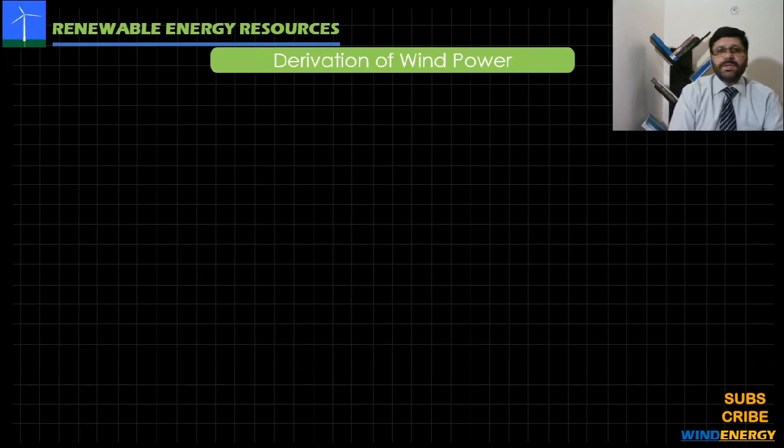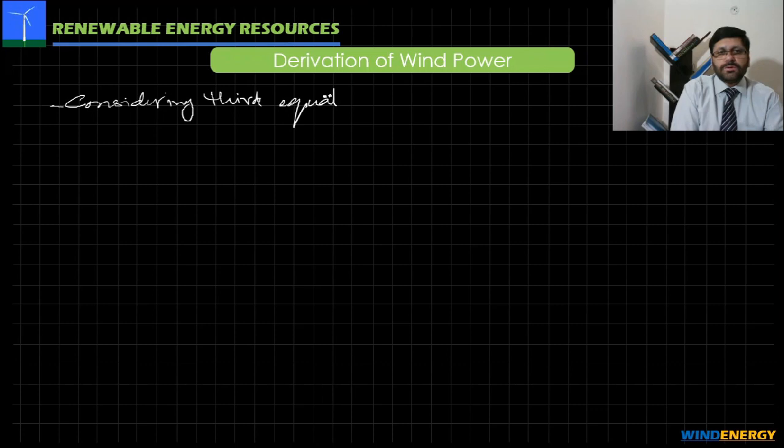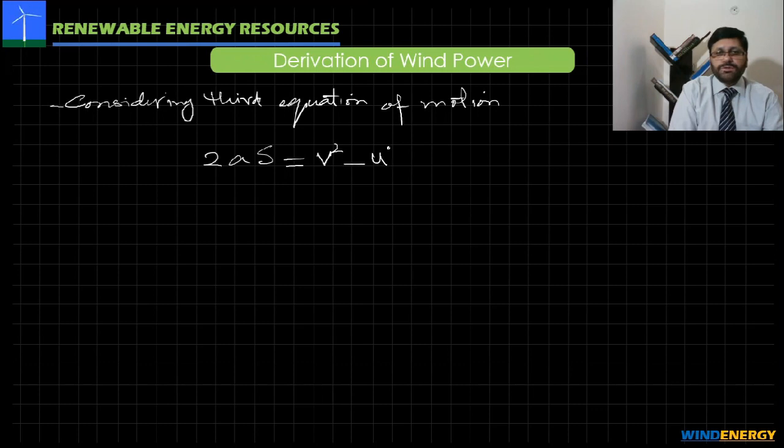Now considering third equation of motion, which is 2as is equal to v square minus u square.